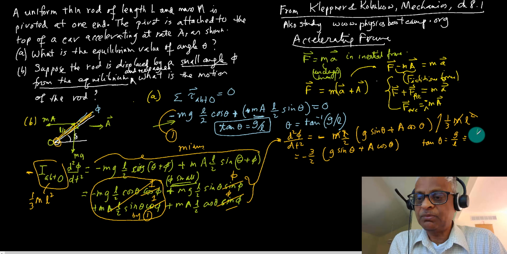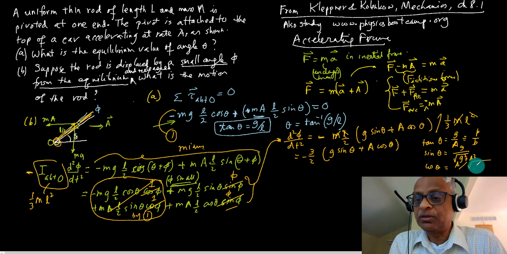So if you think of this as P/B, then you can actually write down sine theta is g over square root of g square plus a square, and cosine theta will be a over square root of g square plus a square.